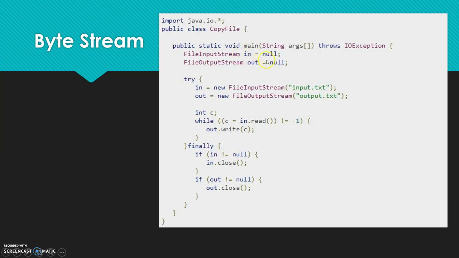That's our variable and it equals null. So our variable is in. And then we're going to check and see, all right, if in is not equal to null, do this. Close this program, read it in, or whatever you're wanting to do.